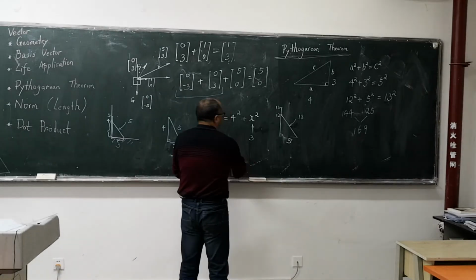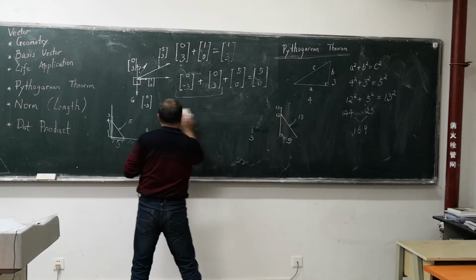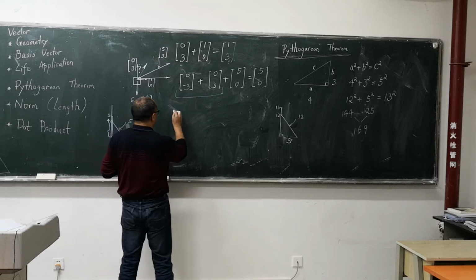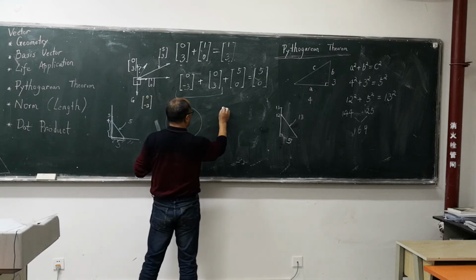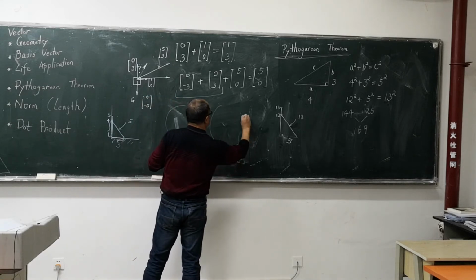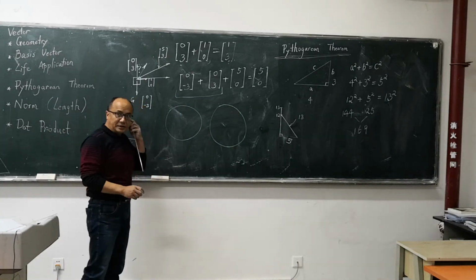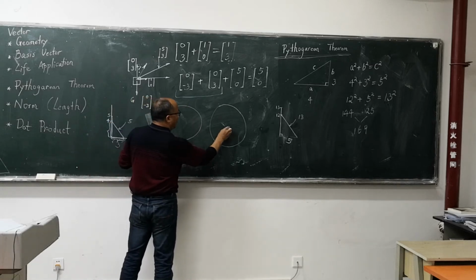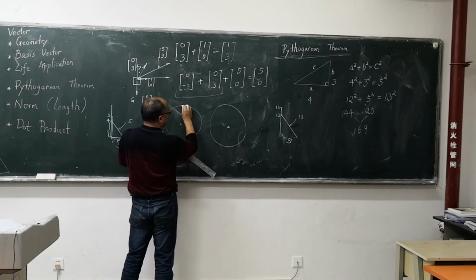And for you guys, like the train, Pythagorean is everywhere. Let me finish this, okay? Your two wheels are connected by the stick.